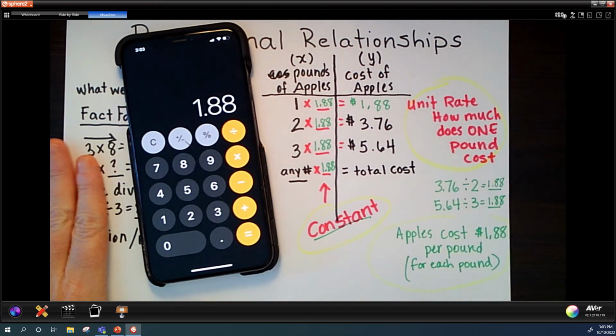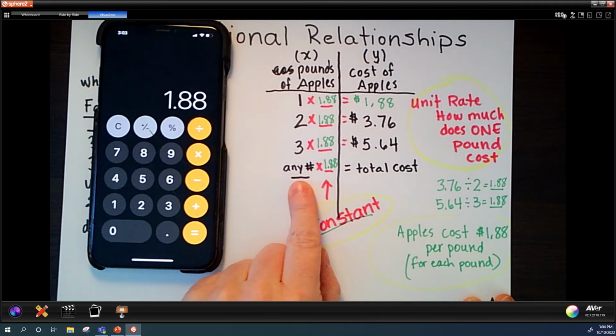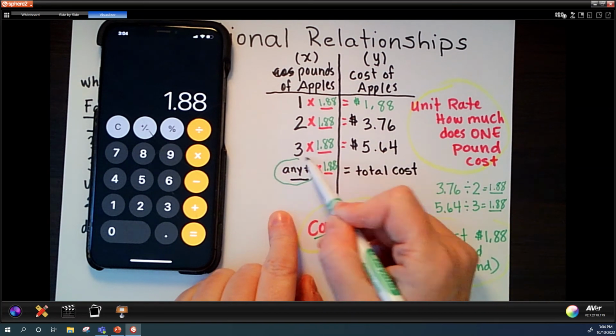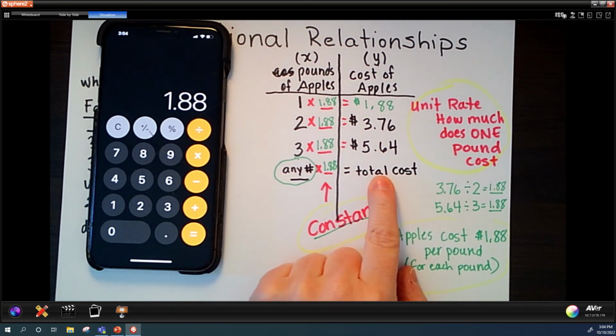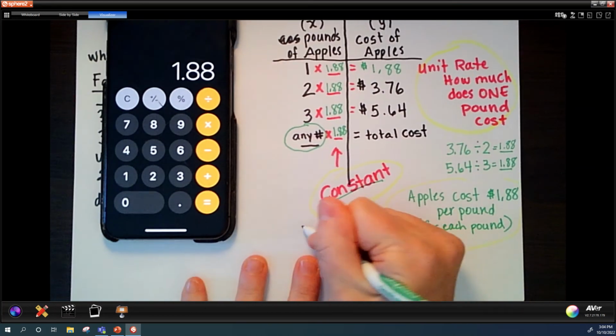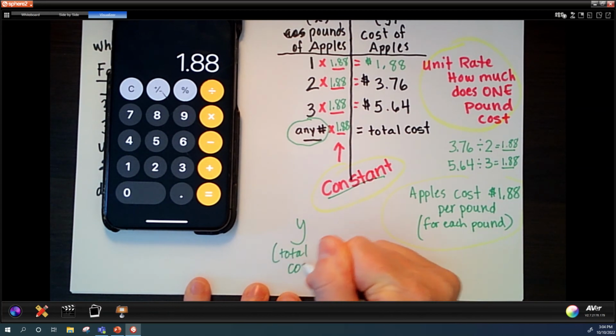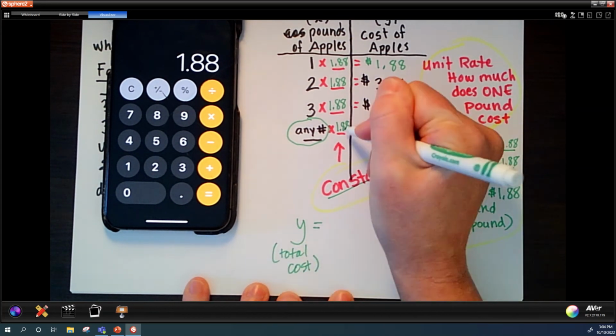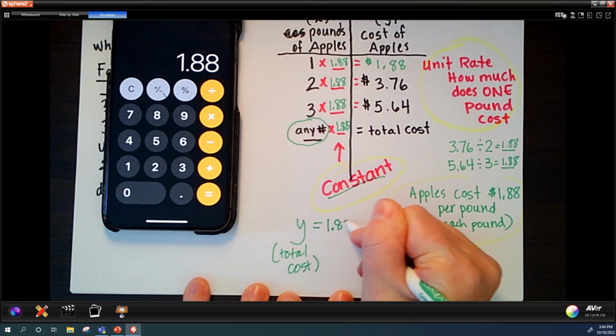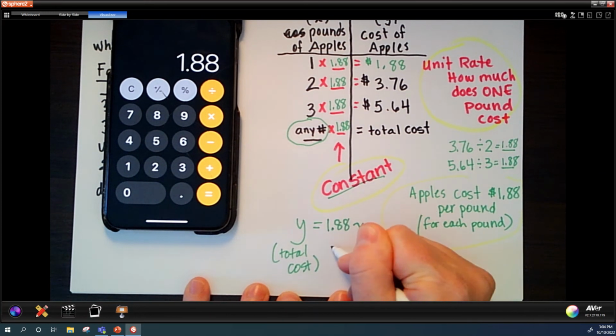So we just figured out the constant, and we also have an equation so that any pounds of apples will give us the total cost. So y, or the total cost, will be equal to $1.88 times x.